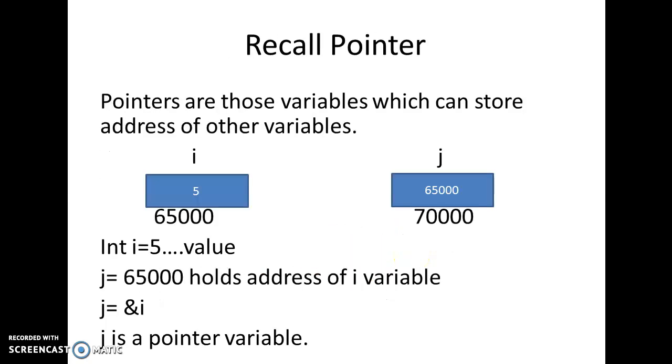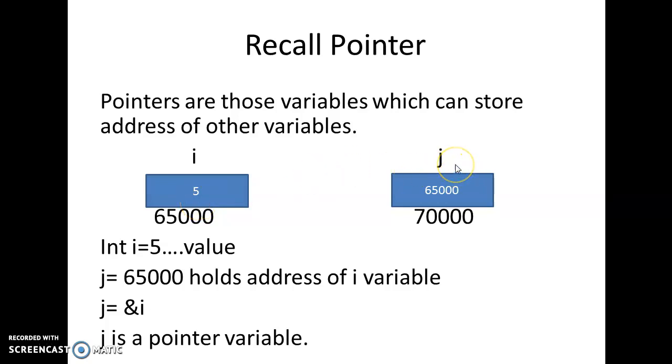To understand call by reference, let us recall the pointer. Pointers are those variables which can store the address of another variable. Let's have int i is equal to 5. So i is a variable which is located at memory location 65000 and holds the value 5.